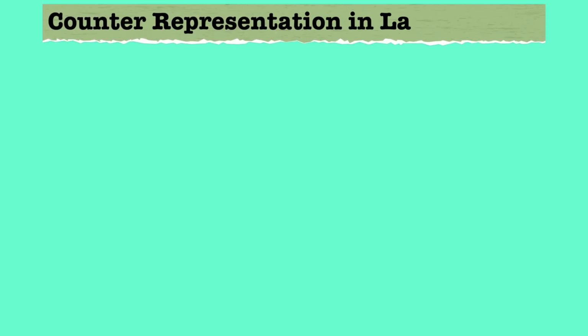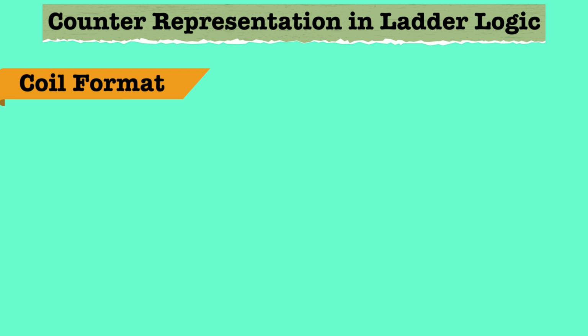Counter representation in ladder logic programming. There are two types of representation for counters in PLC programming. The first one is called coil format and the second one is called block format.